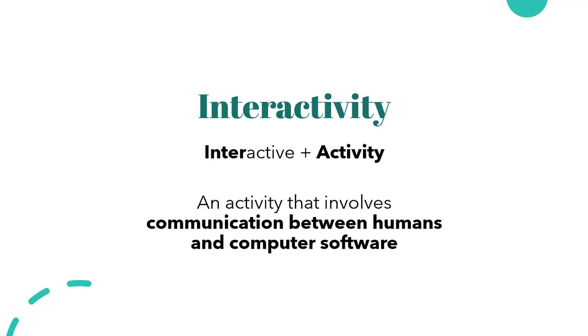So whenever your students interact with the content through computer software, that can be considered as an interactivity. And the purpose of that activity is to learn something. It could be a skill or knowledge. So your students learn certain things by interacting with the content through computer software.